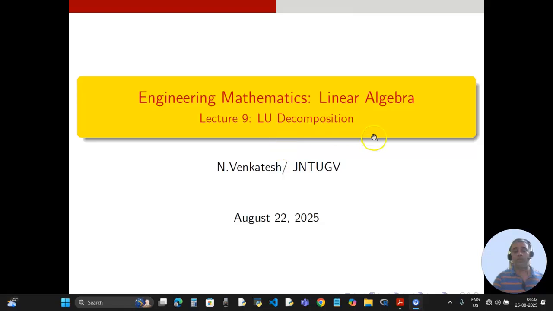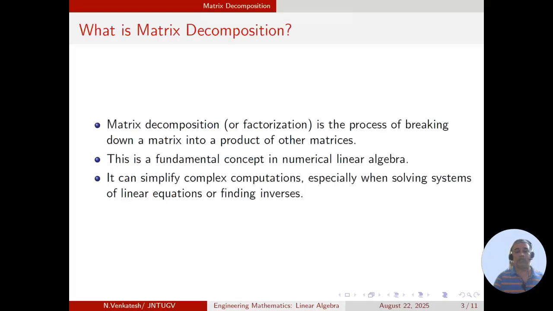That is, we just factor the matrix into two different matrices. So that is what we call a matrix decomposition. Matrix decomposition or factorization is the process of breaking down a matrix into product of other matrices.